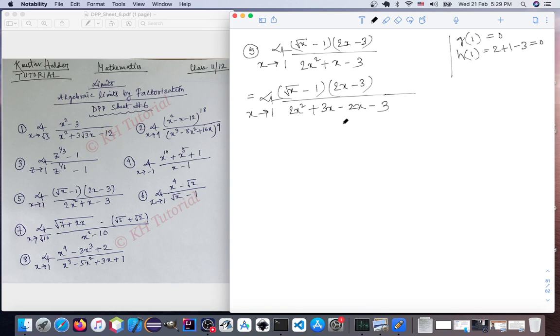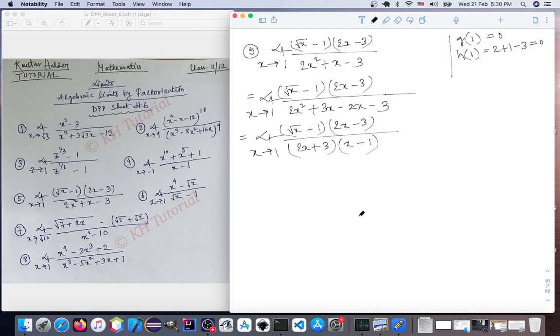Okay, this becomes the limit as x tending to 1 of root x minus 1 into 2x plus 3 over x minus 1.